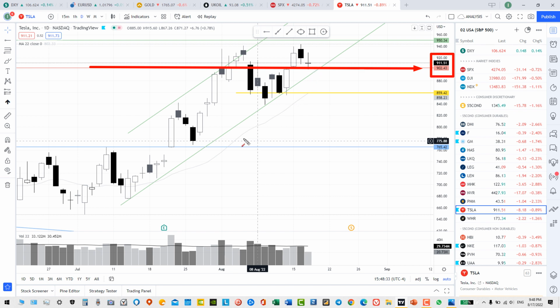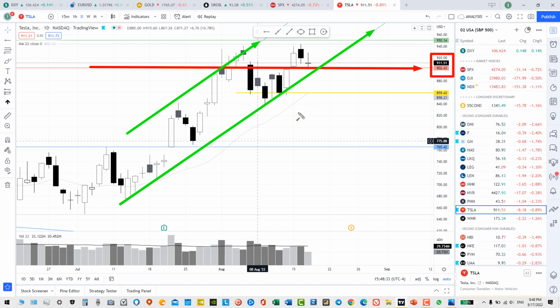Secondly, performing within the rising ultra short daily upward channel is very important, and performing above this rising green ultra short trend line is our second condition for continuous positivity over the short term.